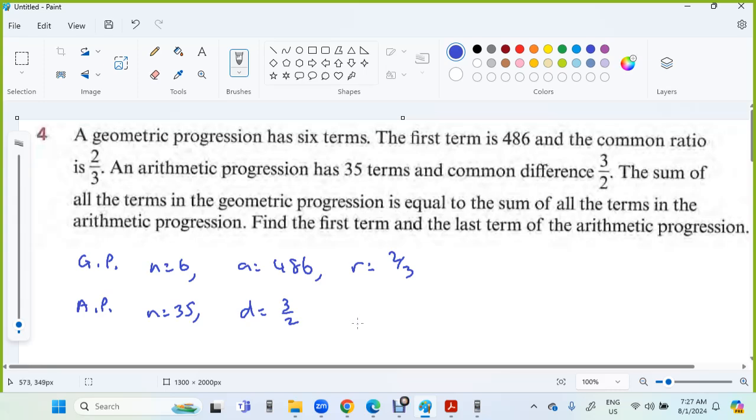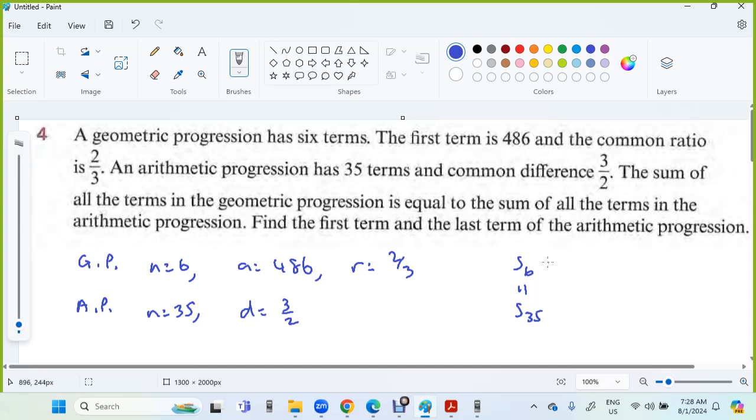And so the sum of all terms S6 of the GP is equal to S35 of the AP. Find the first term and the last term of the AP.